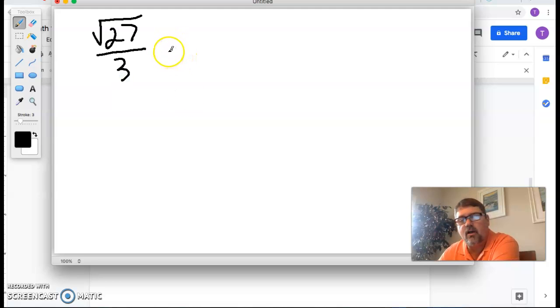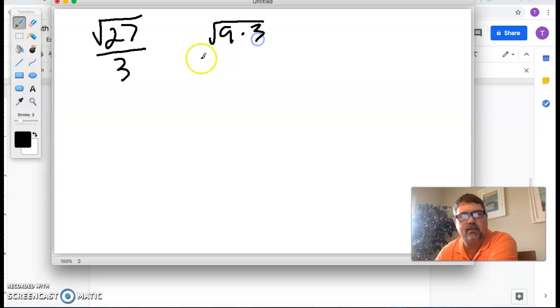All we can do here is simplify the numerator. The square root of 27 is not in its simplest form. It can be written as 9 times 3, so this is the square root of 9 times 3, all divided by 3.